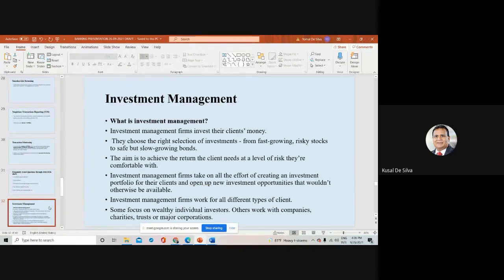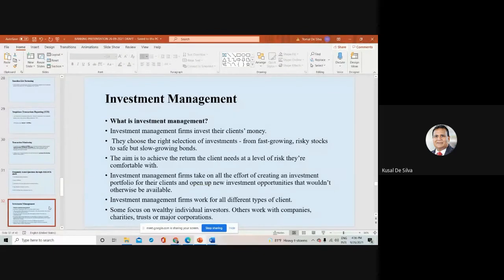Then the investment management firm takes on all the effort of creating an investment portfolio for their clients and opens up new investment opportunities that would not otherwise be available. It is the investment management firm's or investment manager's task to create a good portfolio that will diversify the risk.